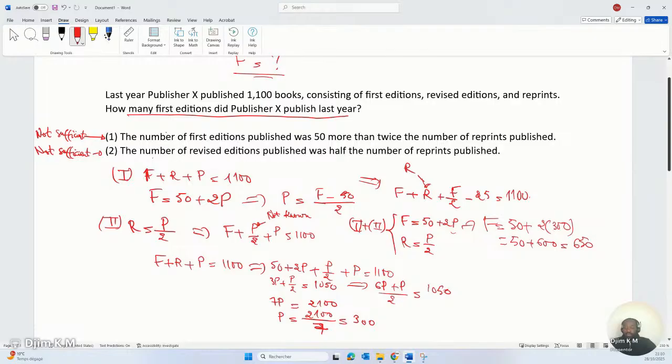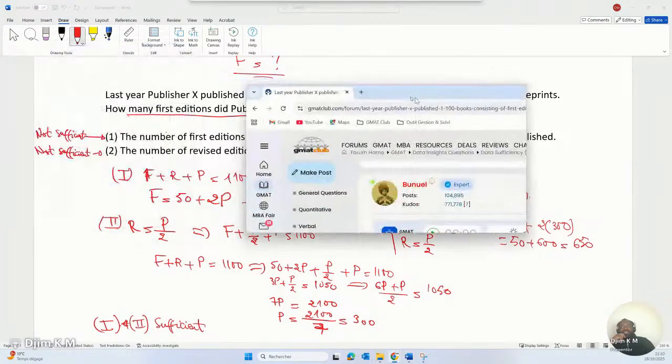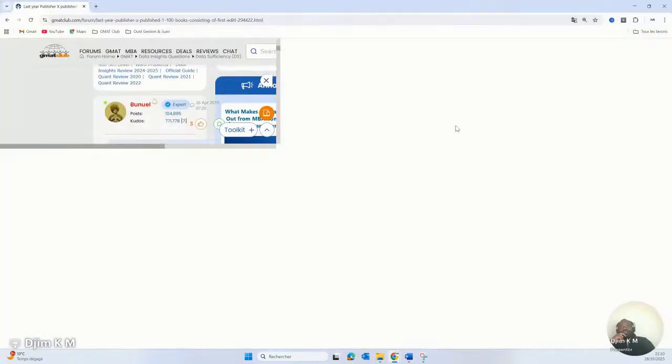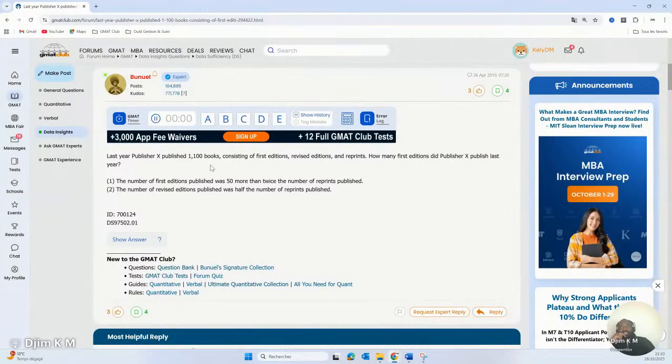So we get the value of F. So both condition 1 and condition 2 together are sufficient. They have to be taken together in order to be sufficient. Let's check the answer. Answer C.